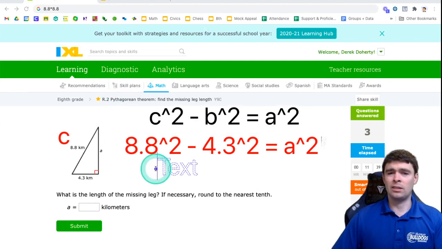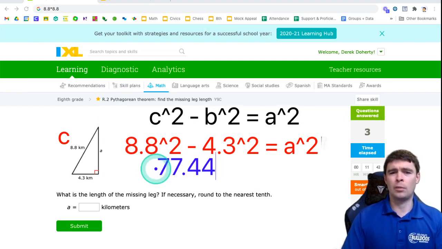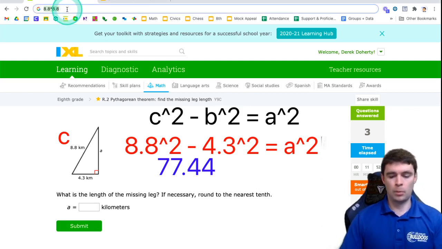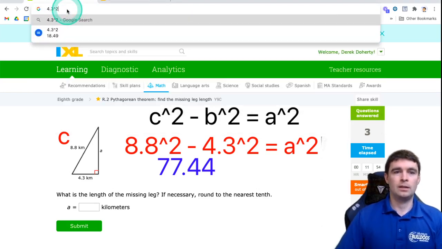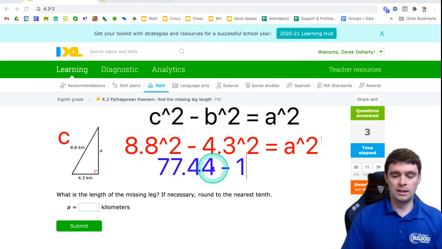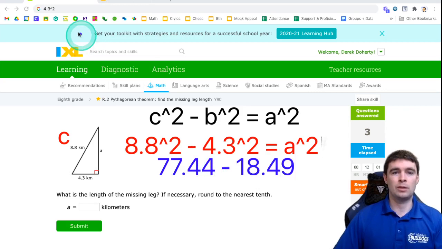So write that in, and as you see, this is why we encourage you to have a whiteboard or a piece of paper with a bunch of steps. If you're using a calculator, you're going to need to be writing some stuff down still. I'll take 4.3 and square that, and 4.3 squared gives us 18.49, and so that needs to be subtracted. That 18.49 needs to be subtracted from 77.44.